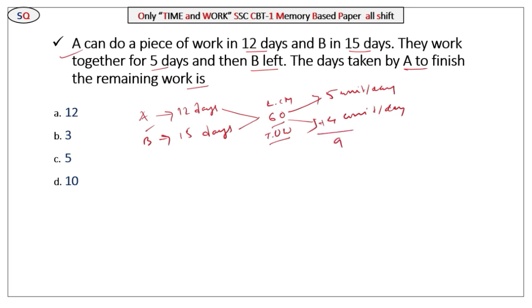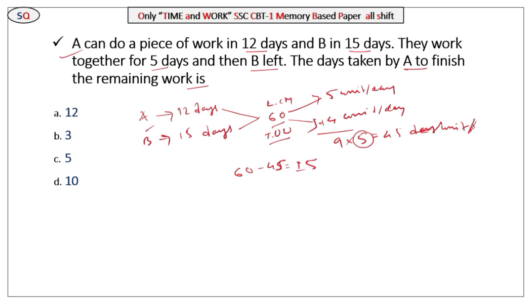So 5 plus 4 is 9, and 9 into 5, since they work for 5 days, we have to multiply 9 with 5. So 9 into 5 is 45 units. 45 units they have already done. So we have to subtract now, 60 minus 45 equals 15. Now the remaining work will be 15 units.